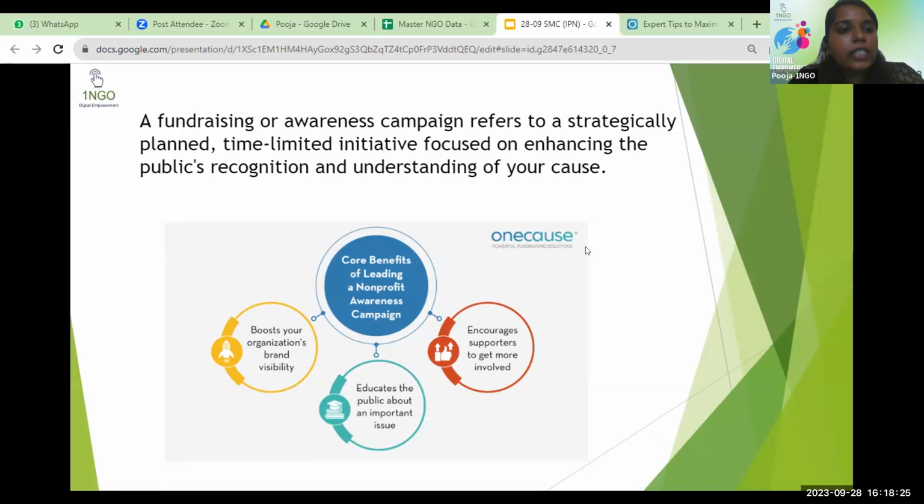So you will create a stronger base which will drive your mission. And if you focus on spreading the word and show that your work matters in society, the donations will automatically follow. So this fundraising or awareness campaign is important in the social media sector.